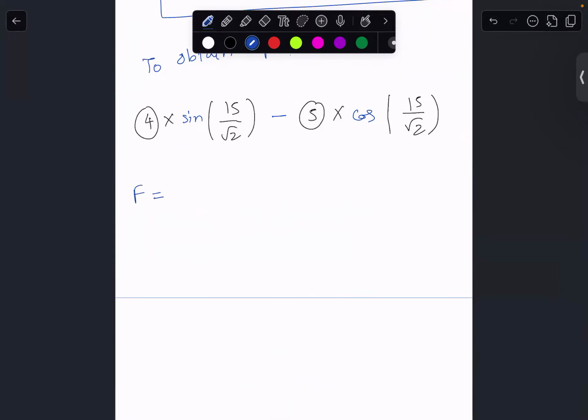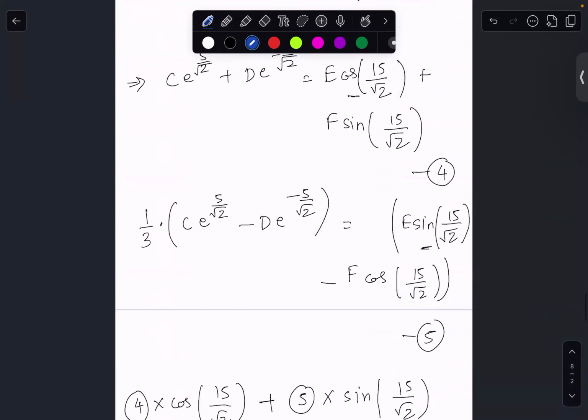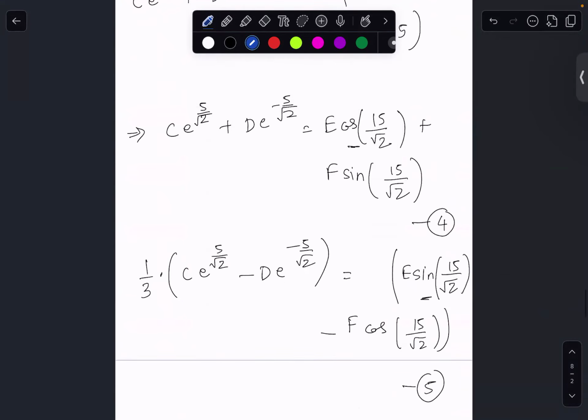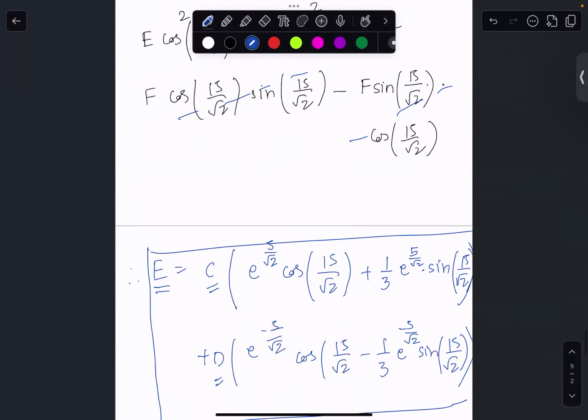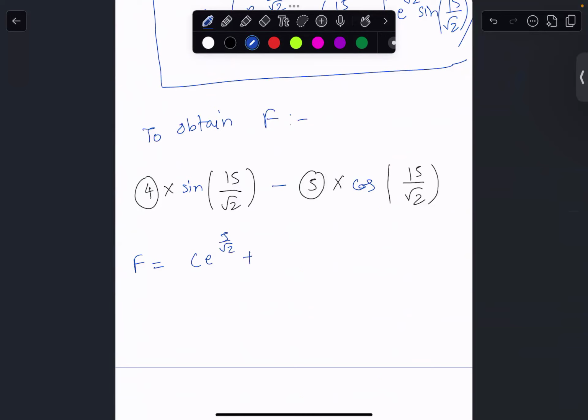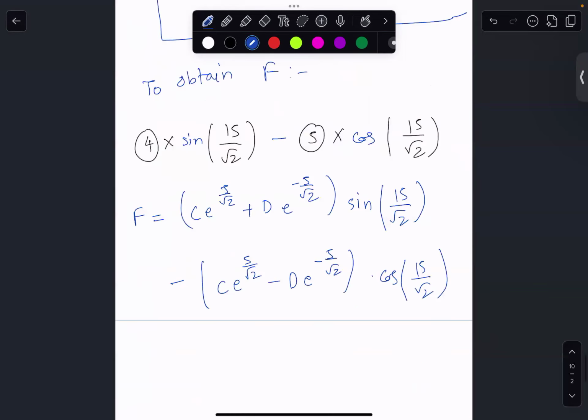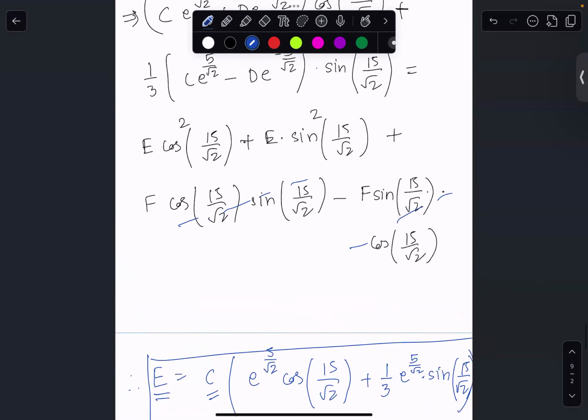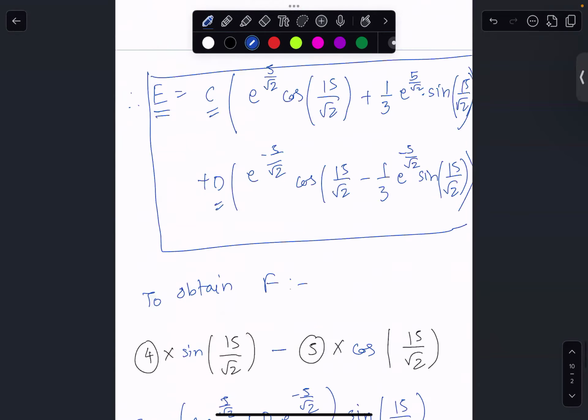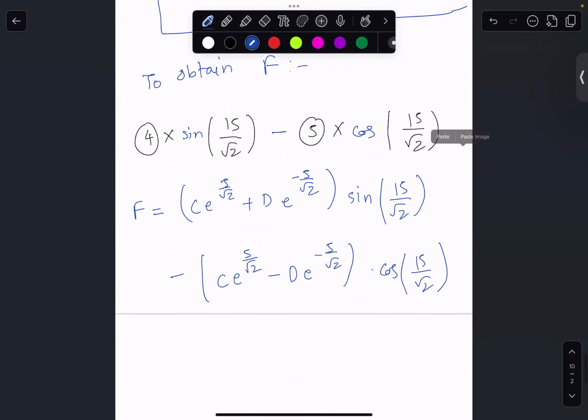So we can write f equals, doing this operation, we will have to multiply c e to the power 5 upon square root of 2 plus d e to the power minus 5 upon square root of 2 by sine of 15 upon square root of 2, and subtract that from c times e to the power... I forgot this factor of 1 by third.